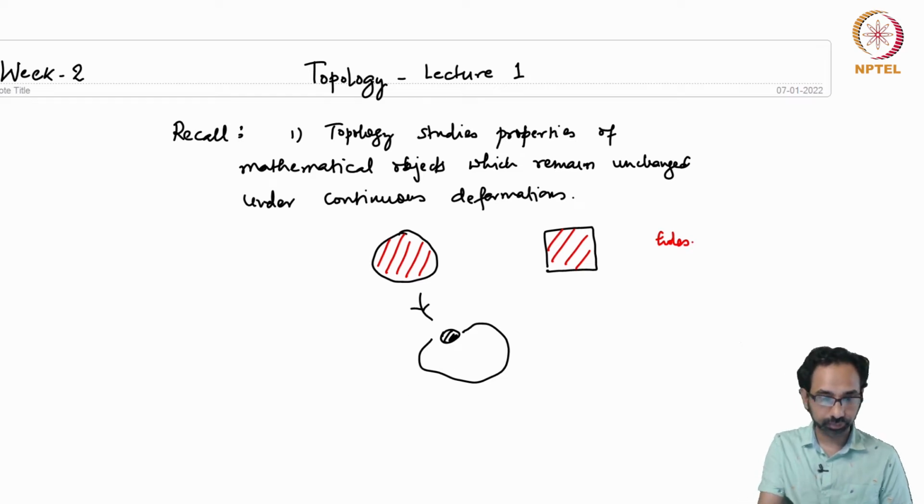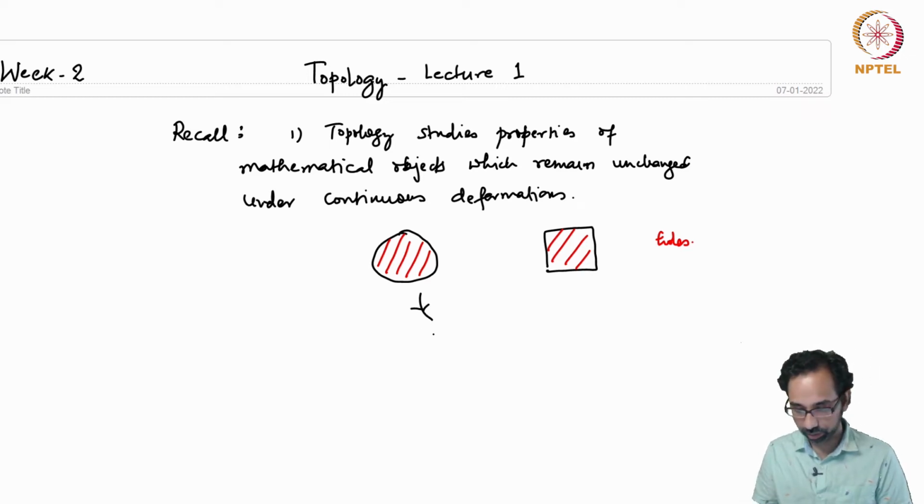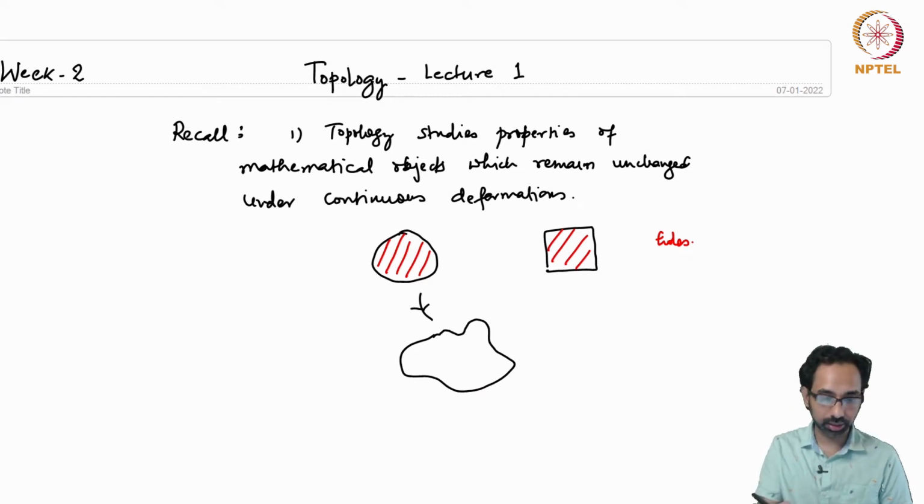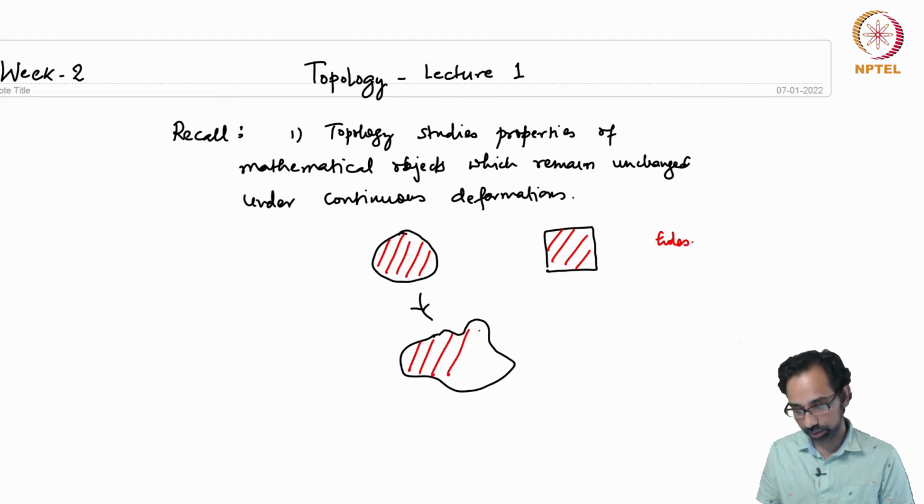So when you deform the circle, you get some closed curve like this, and still the number of holes is again 1.